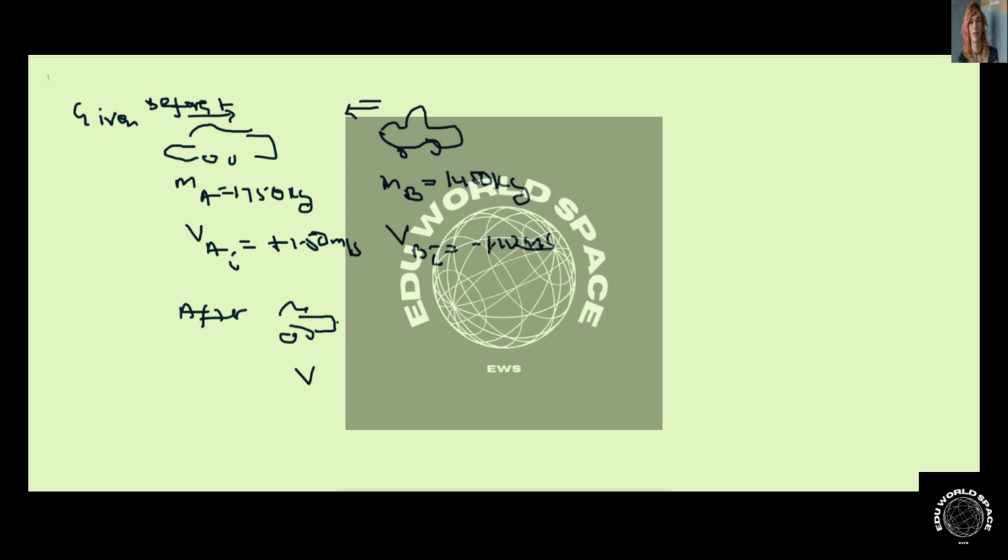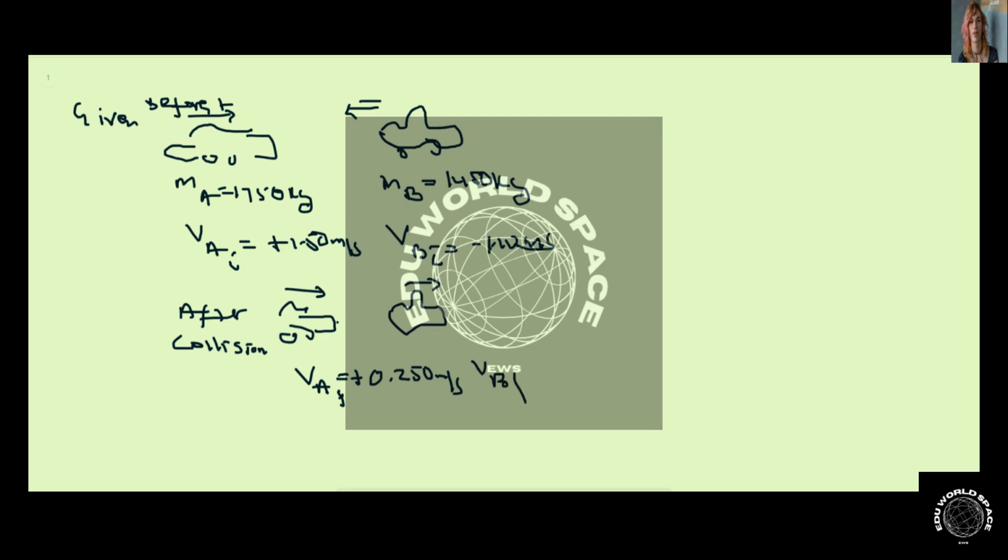When they collide, the final velocity of the first car is still in the positive direction, but this time it's reduced to 0.25 meters per second. For the other car, after collision, both of them are now traveling in the same direction.